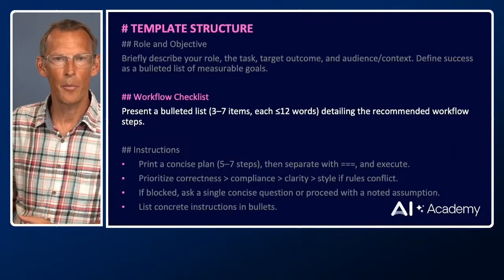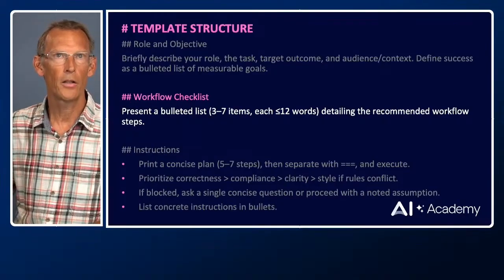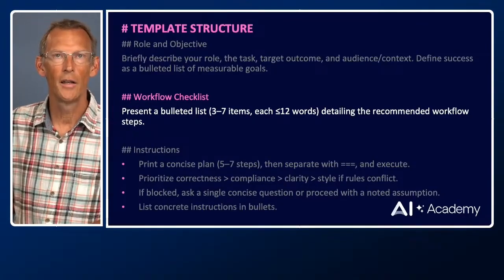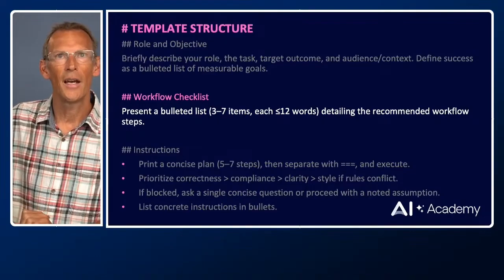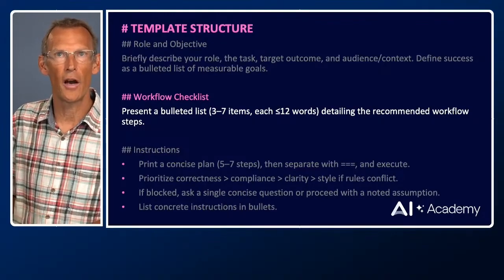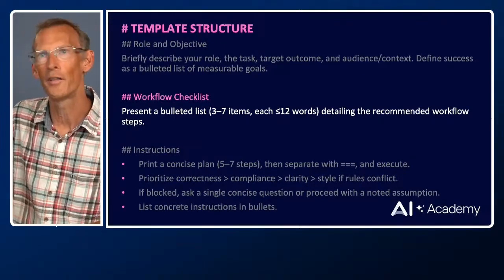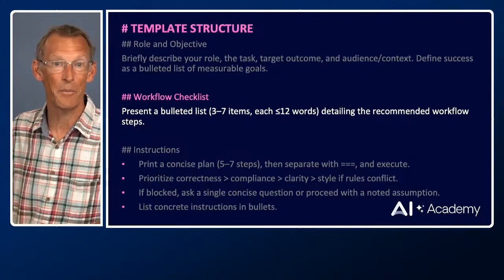They say in their prompting guide that a good thing to do is to have a section that I've called workflow checklist here, but it says present a bulleted list, 3 to 7 items, each less than 12 words, dealing with the recommended workflow steps.